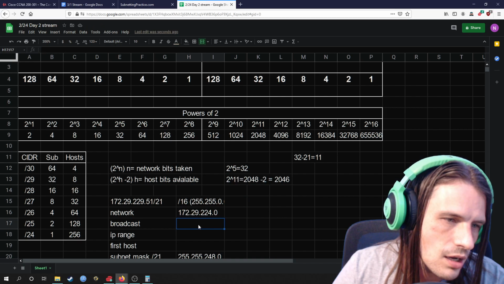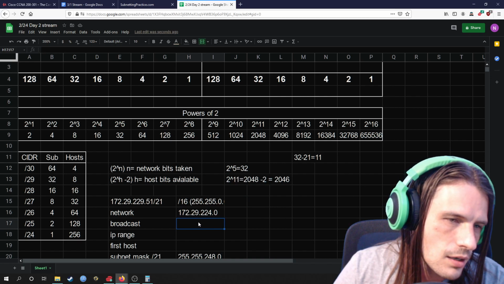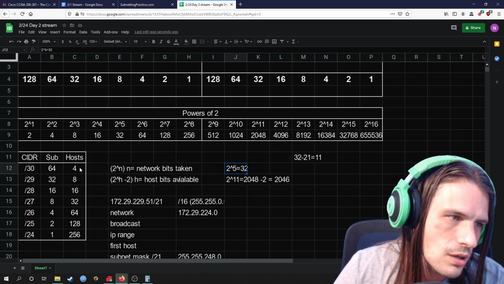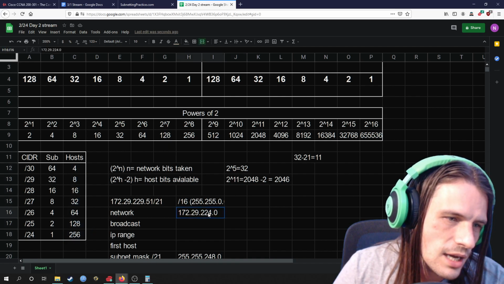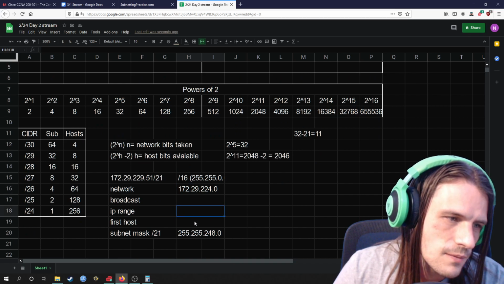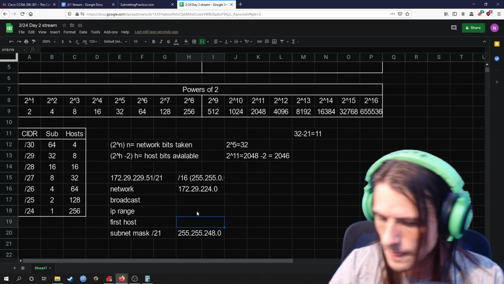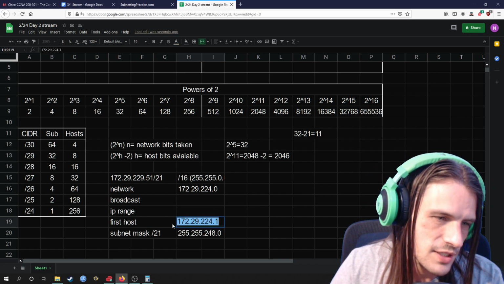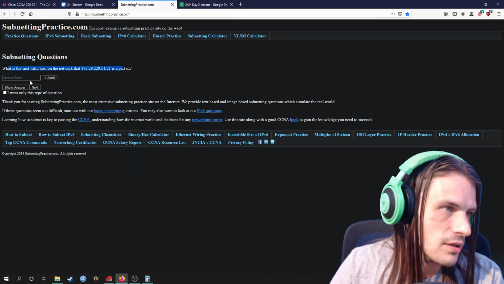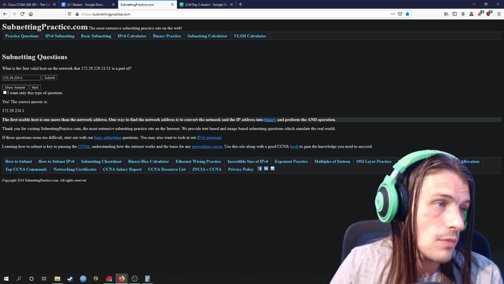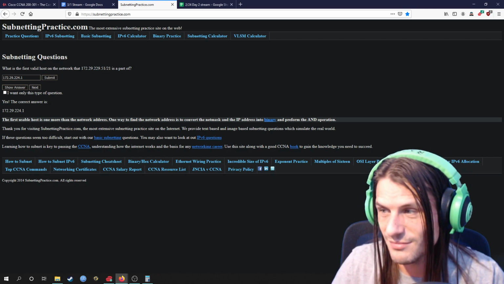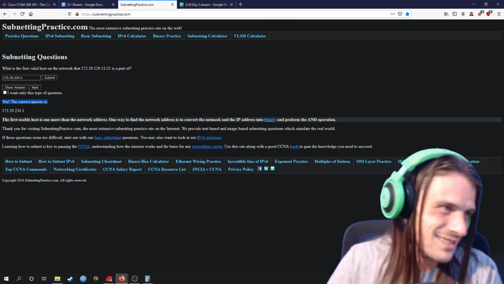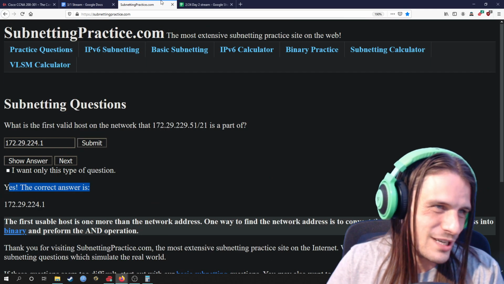So that means that it's going to go up. How does that work? It goes up by 32s, right? No. Doesn't it go by hosts? How would I add that? I'm going to see if this is right. I think I screwed up here. Oh! I mean, I got the correct answer, right? Yeah, that's the correct answer.